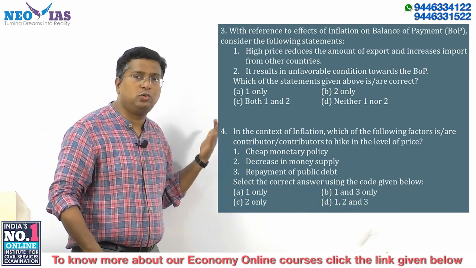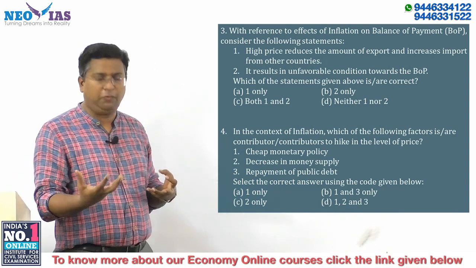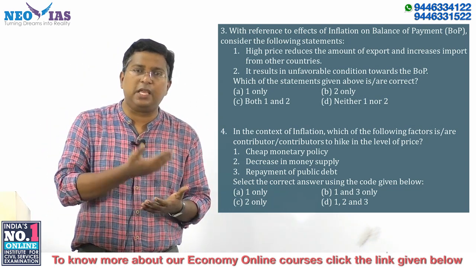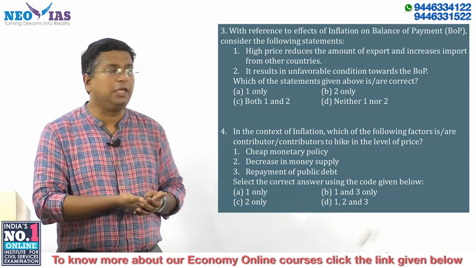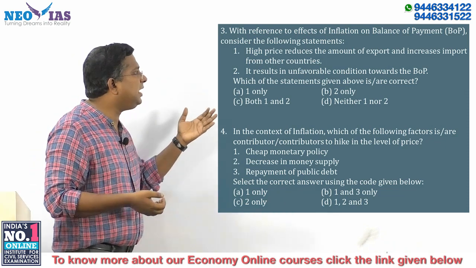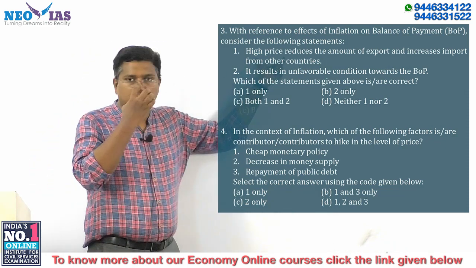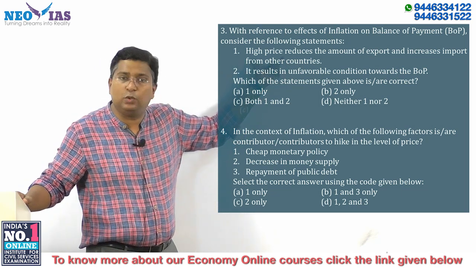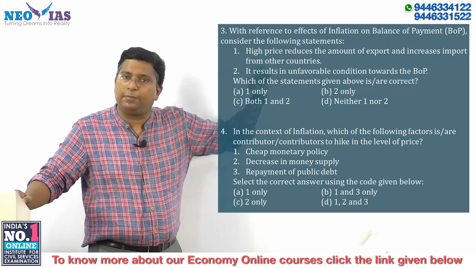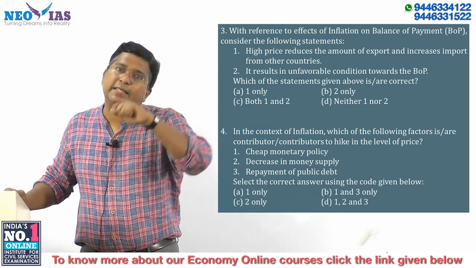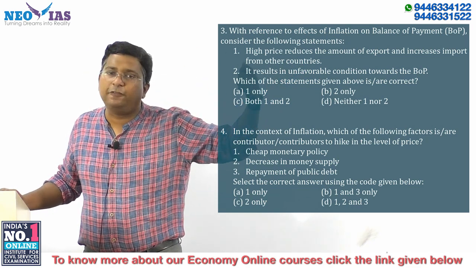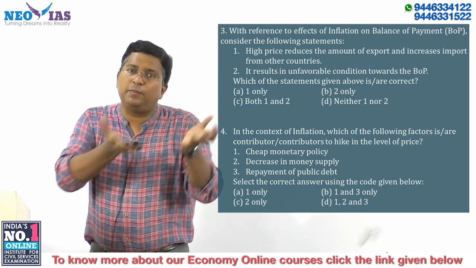Now we know what is balance of payment, we know what is inflation. Now how does inflation impact balance of payment? The first statement says that high price reduces the export. Try to understand that high price results in being less competitive in the external market, so there will be less demand for that particular commodity, so export will be less.